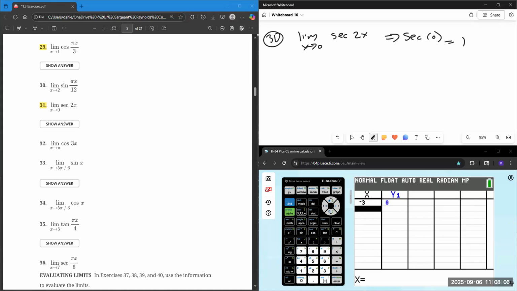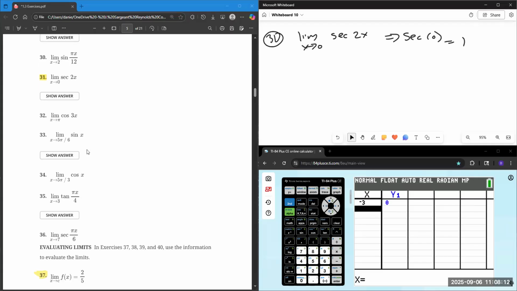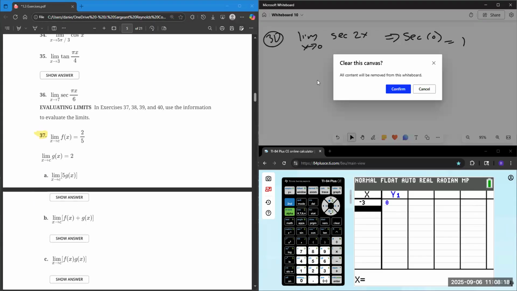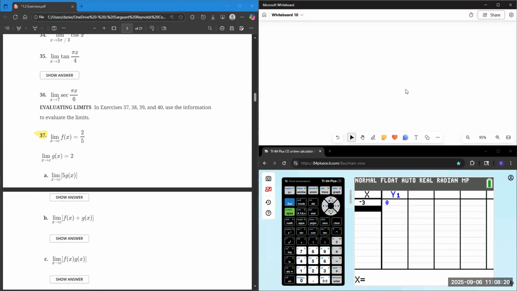And let's see now, what's the next problem here? 35. No, 37. There it is.